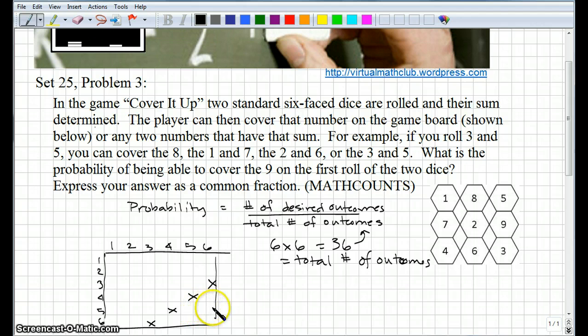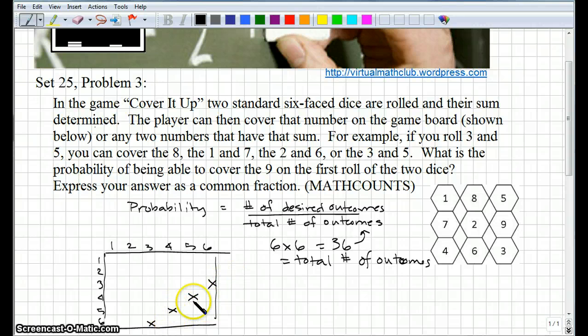But we could also cover the 9 if we roll a 10 or 11 or a 12, right? Because if we got, say, 12, we could cover the 9 and the 3. And so we'd still be able to cover the 9. So really this whole corner gives us the ability to cover the 9, if it's not already covered, which we know it's not because we're just on the first roll.